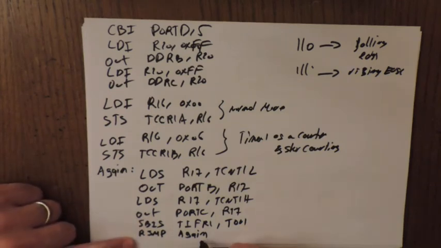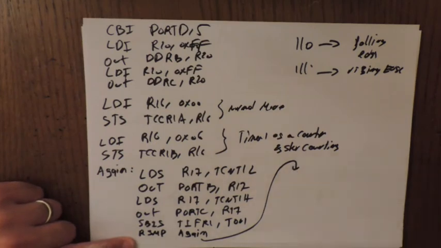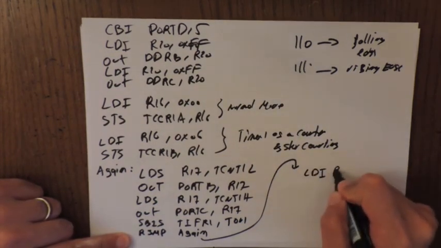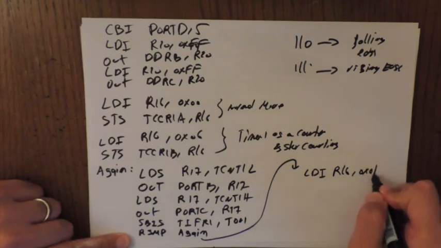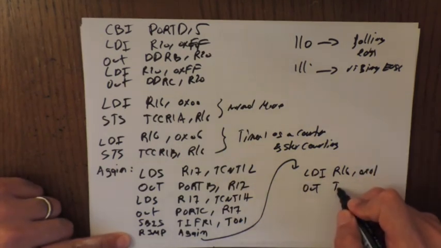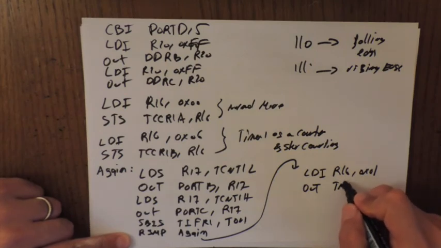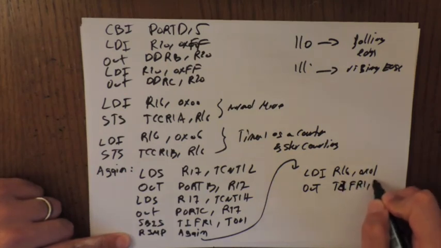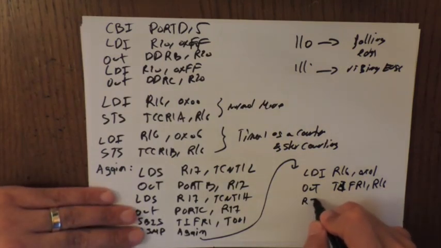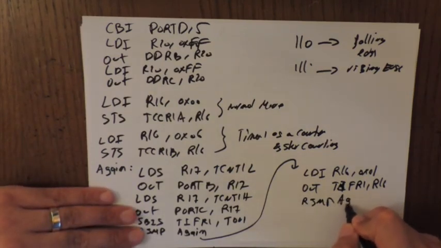So once it overflows, I'm going to continue here. I'm going to say LDI R16, 0x01, and then out TIFR1, R16, and then RJMP again.